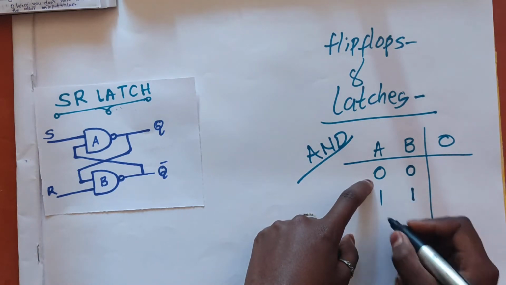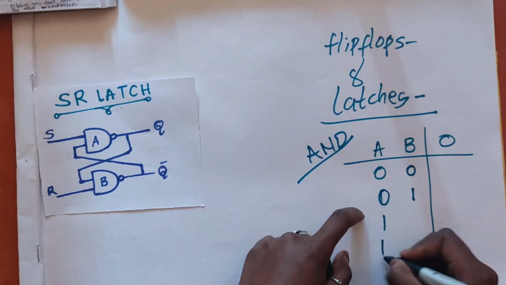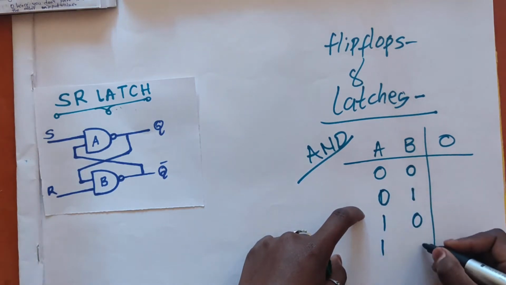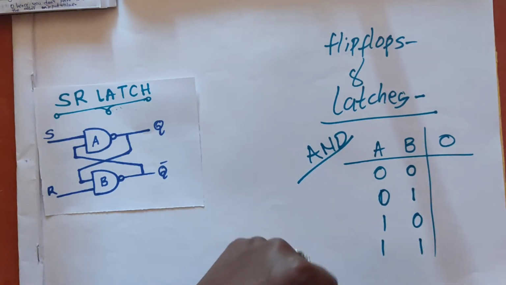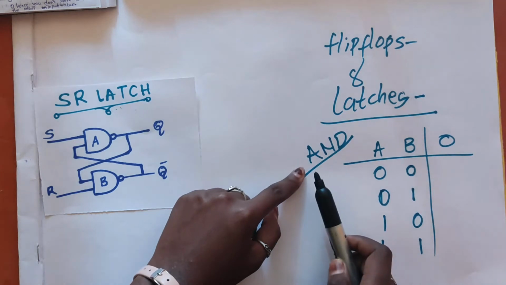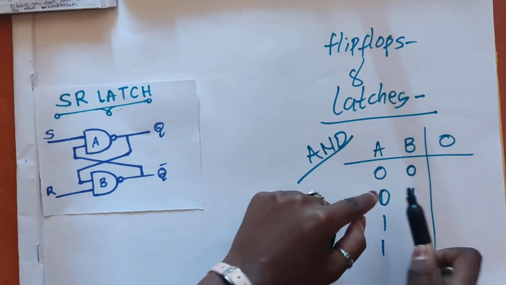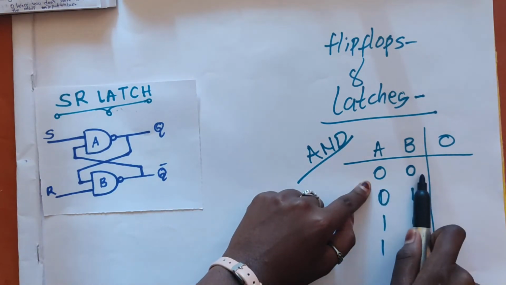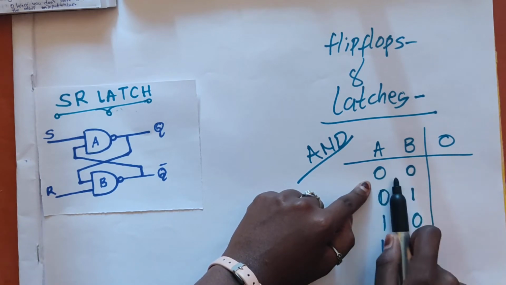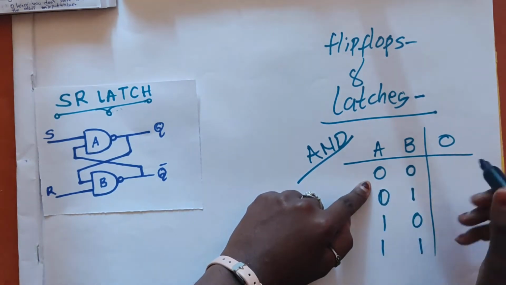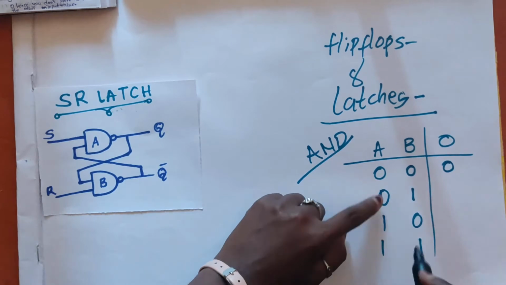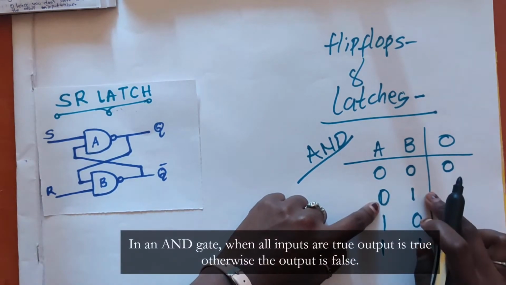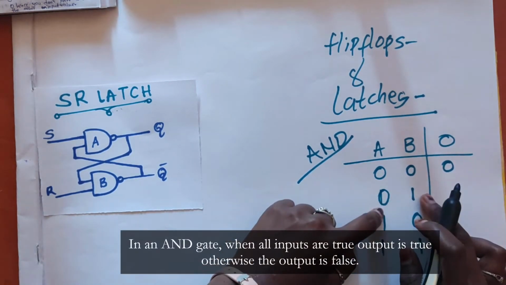Okay, let me just do this then: 0, 1, 0, 1. Let's say we have this as our input. In an AND gate, when we have the same input, that's when we have an output of this. This and this make a 0. 0 and 1, they're not the same.